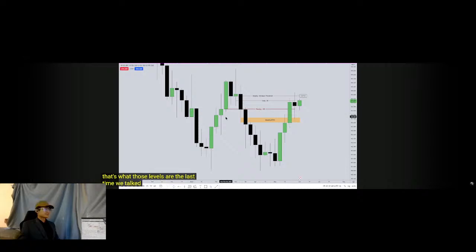The last time we talked, I said we would like to see it get up into, and we'll see if it wants to get up to the mean threshold of that order block right there. I never said we're going short on dollar. I didn't say we're shorting anything in dollar. We were looking for lower prices on euro dollar, and we'll cover euro dollar when we get to the dollar.